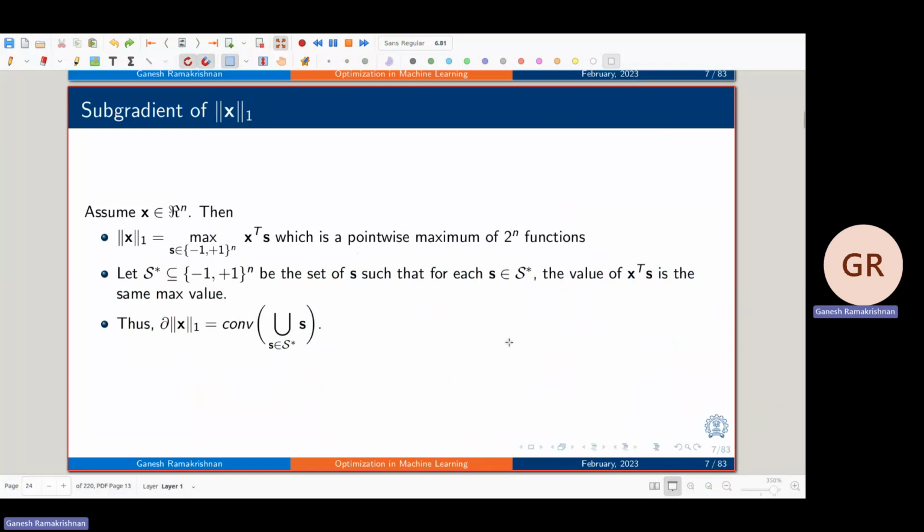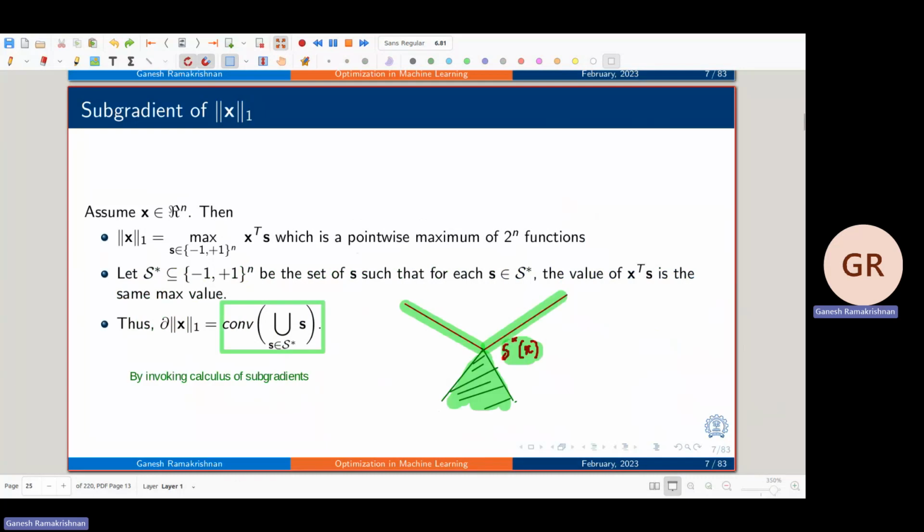So if you want to depict this again, this is how it looks like. This is a convex hull. There are two S's which give you the max. Both the S's, you take the convex hull. And that region S star X is basically defined by these boundaries.